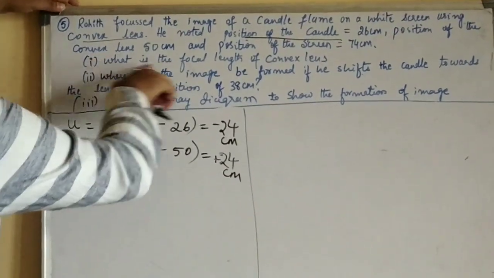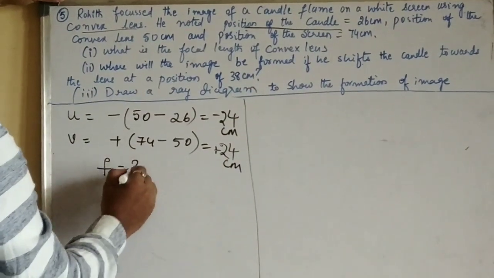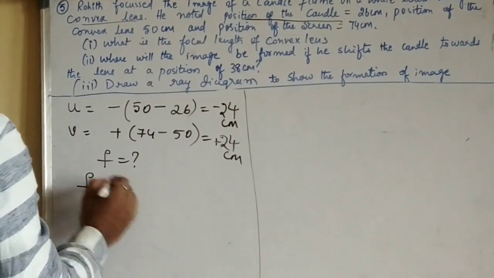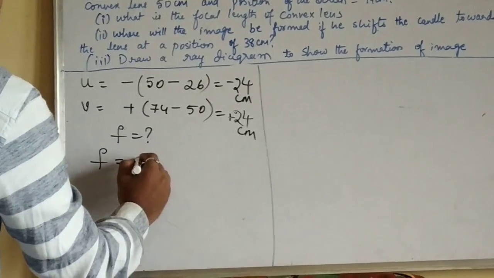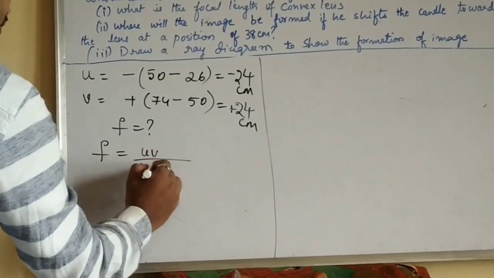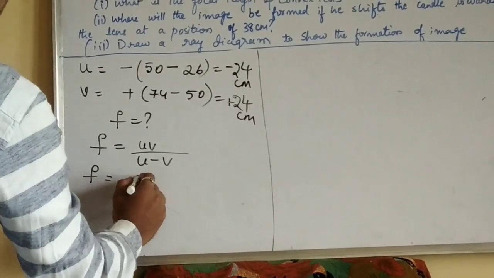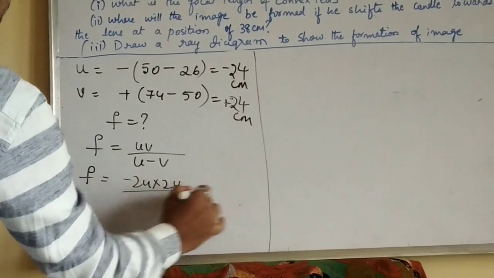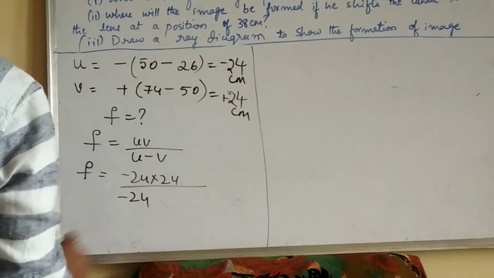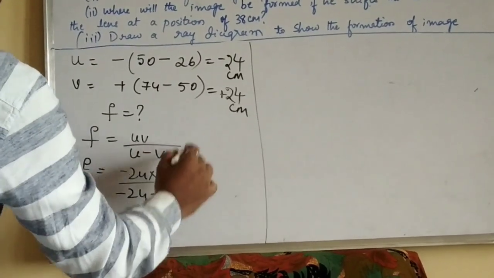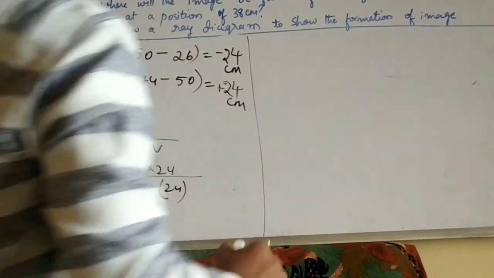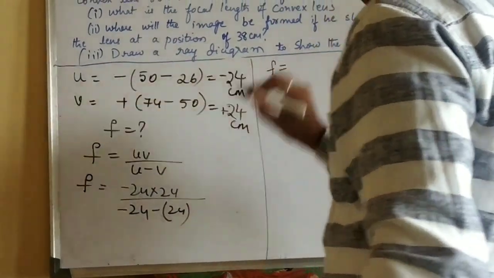Now what do you have to find out? The first one: what is the focal length of the convex lens? Easily you can find out the focal length. f is equal to product by difference, uv by u minus v. f is equal to minus 24 into 24 divided by minus 24 minus of plus 24.